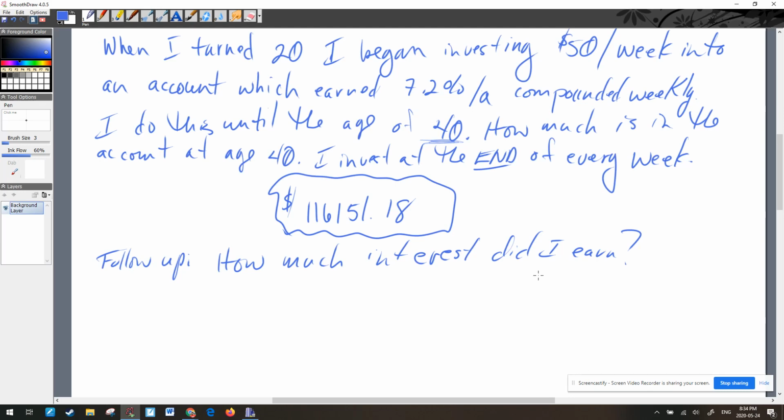Here's how you would do it. Well, I'm putting away $50 per week. The amount of money that I put away is the principal amount, and it's not the interest. So I put away $50 per week, there are 52 weeks in a year, and I'm doing it for 20 years. Actually, I bet I could do it in my head.